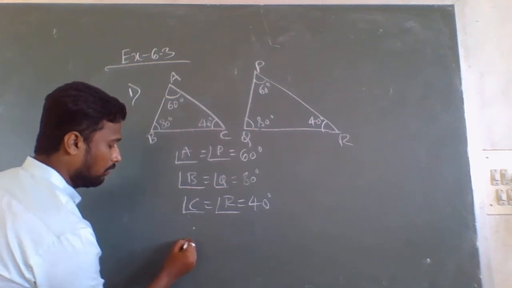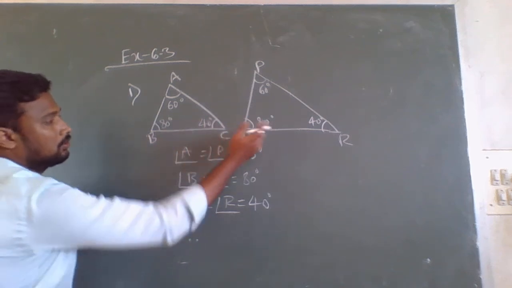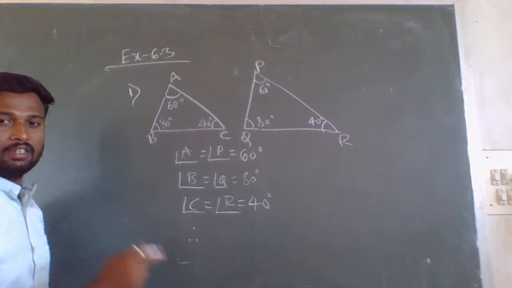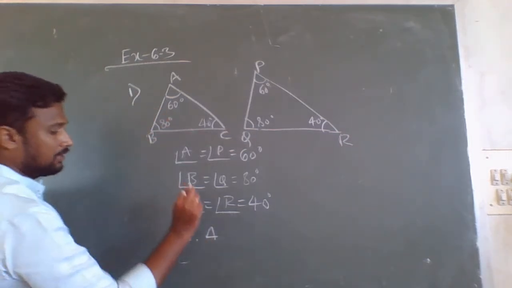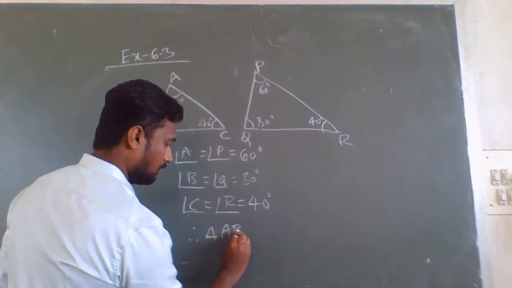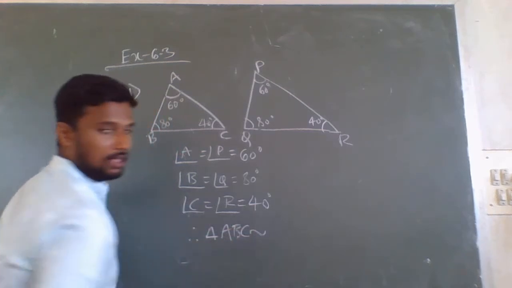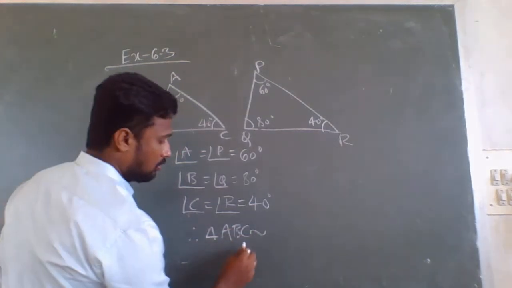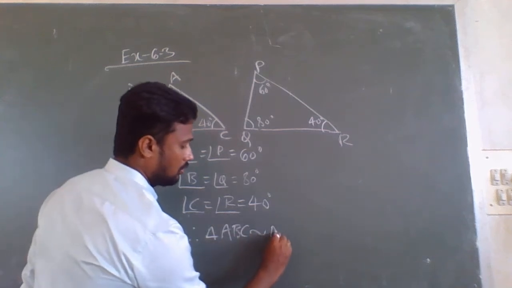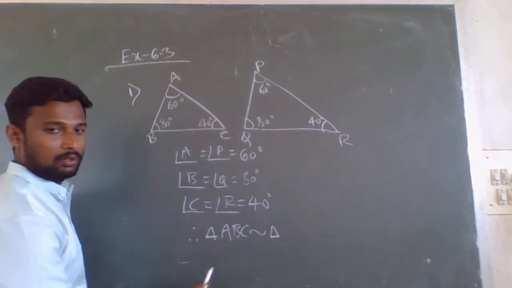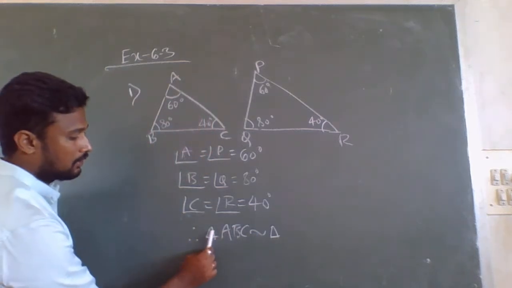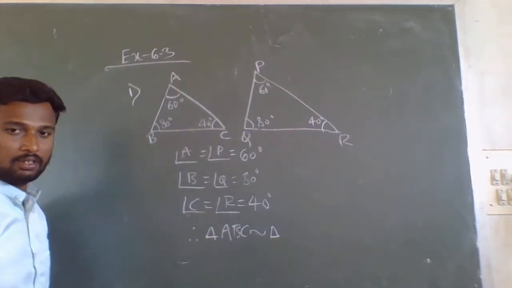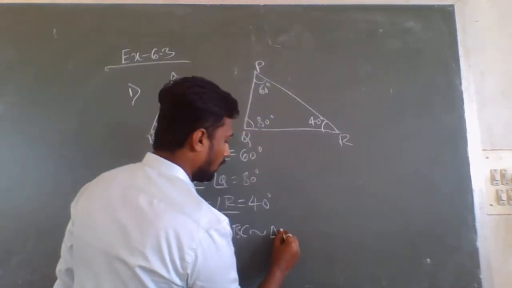Therefore, now I will mention these two triangles as similar in symbolic form. Therefore, triangle ABC is similar to, this is the symbol used to indicate similar, triangle PQR.